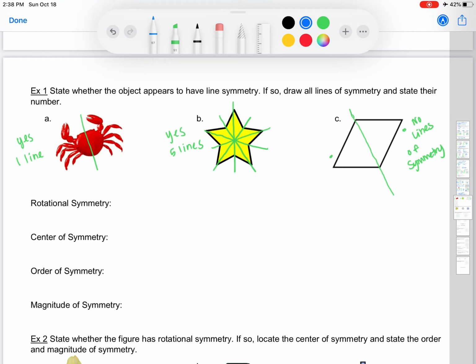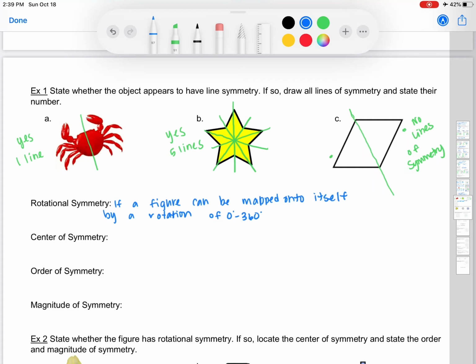So that's line symmetry. Rotational symmetry is if a figure can be mapped onto itself by a rotation of 0 to 360 degrees.